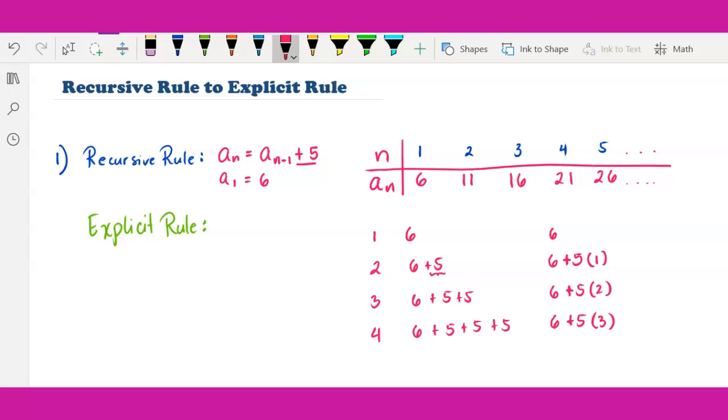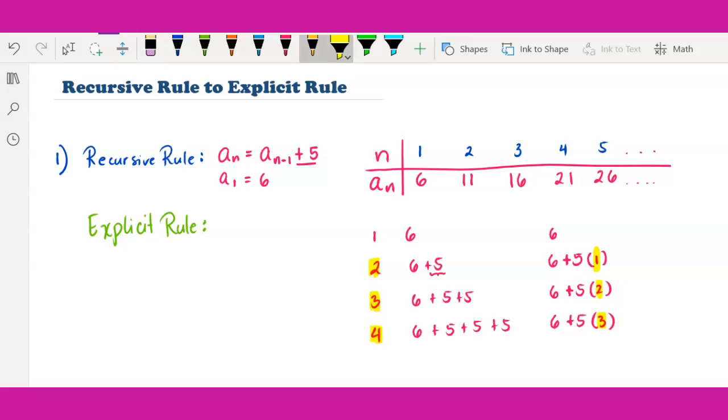Now notice the number we're multiplying 5 by: here is 1, this is 2, that's 3. All right, so take notice of that.